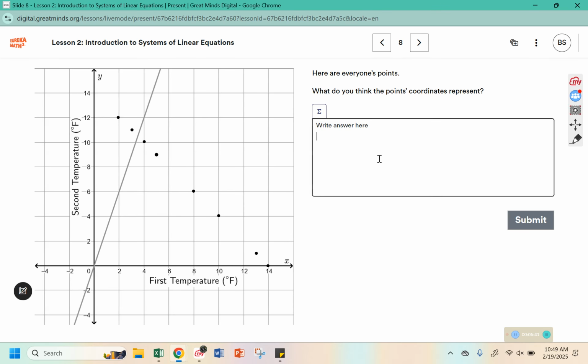Here are everyone's points. You can see that 14 plus 0 makes 14, 13 plus 1 makes 14, 10 plus 4 makes 14. What do you think the point's coordinates represent?